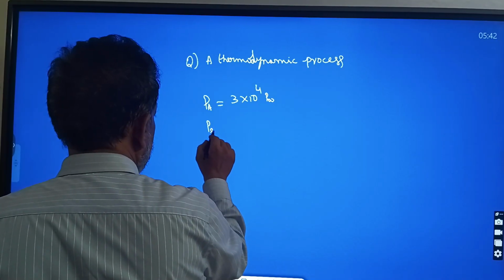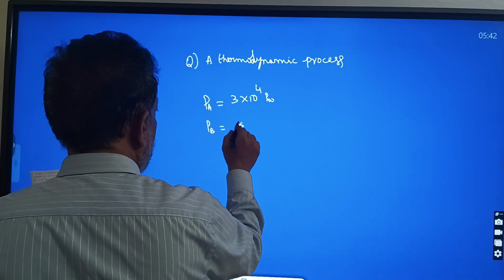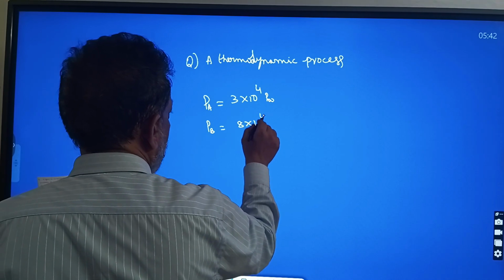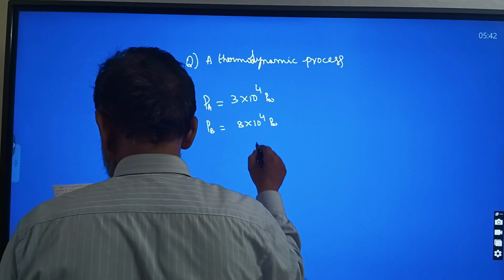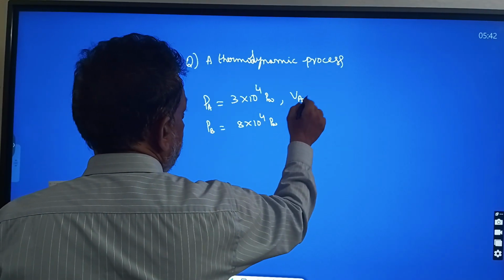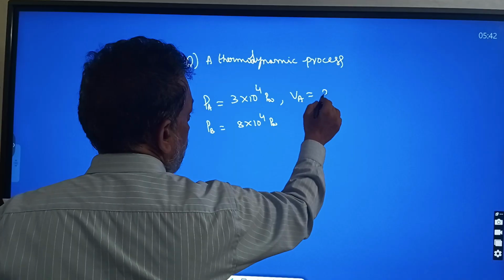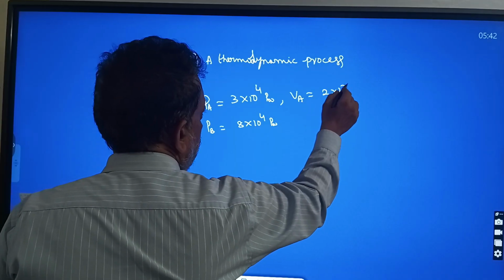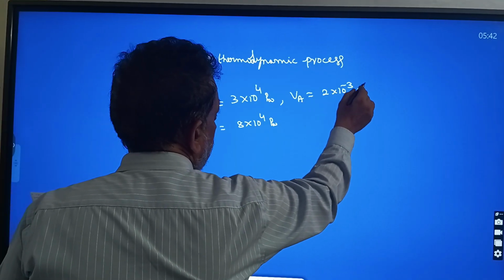PB is equal to 8 into 10 to the power of 4 Pascal. VA is equal to 2 into 10 to the power of minus 3 meter cube.